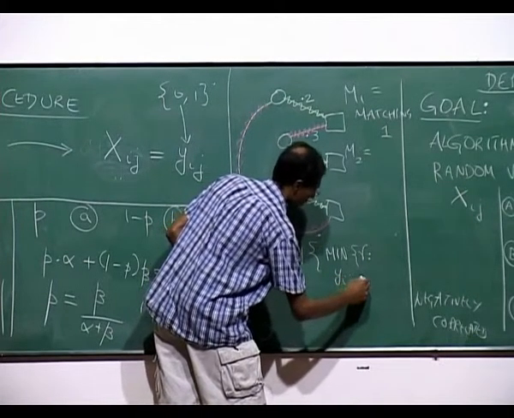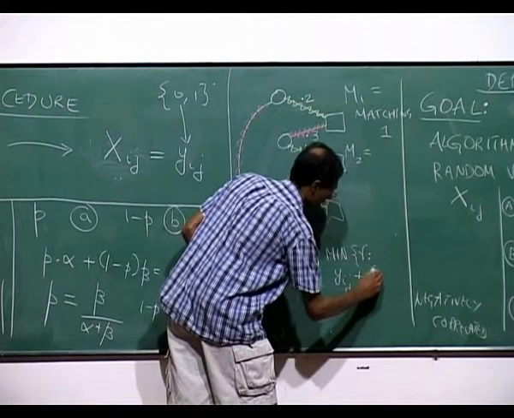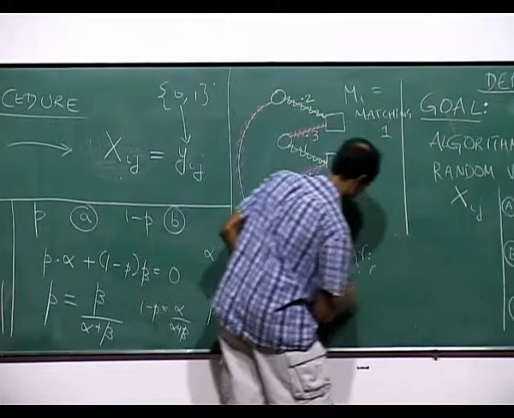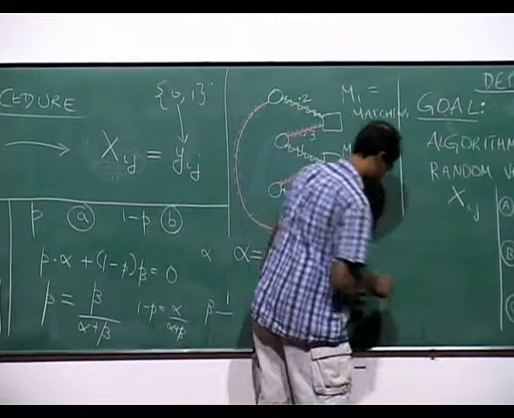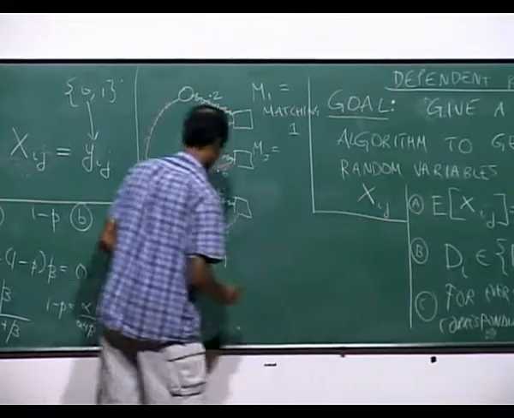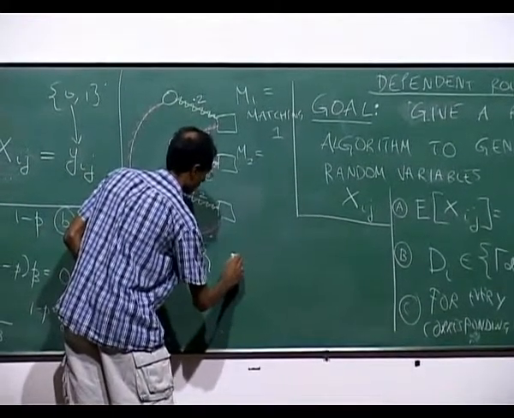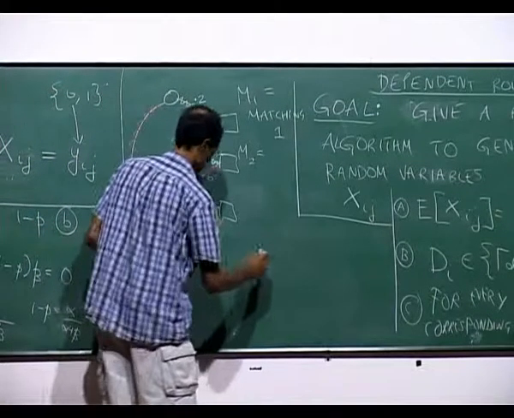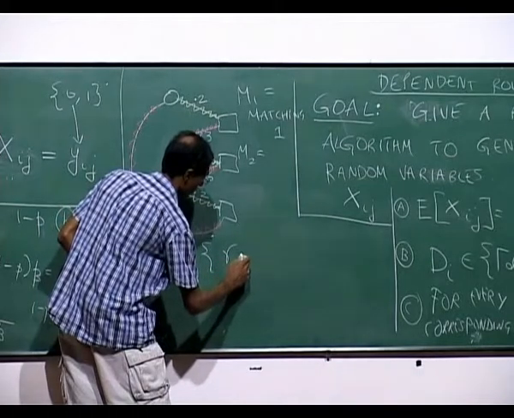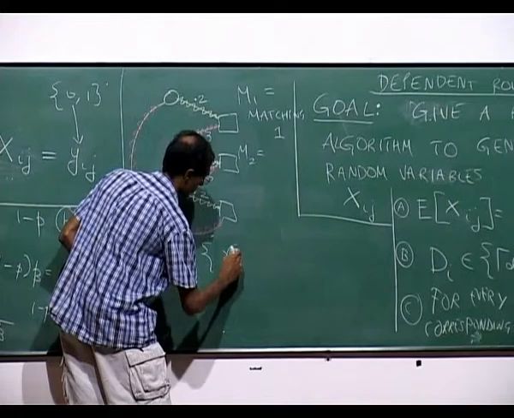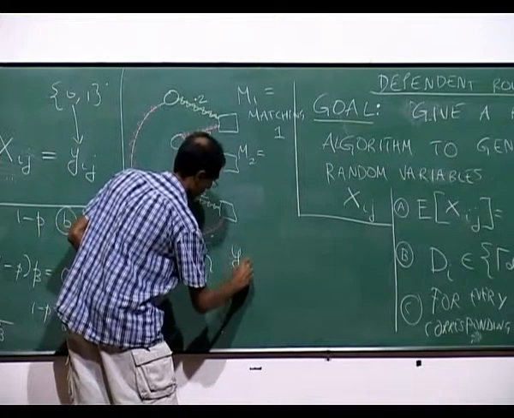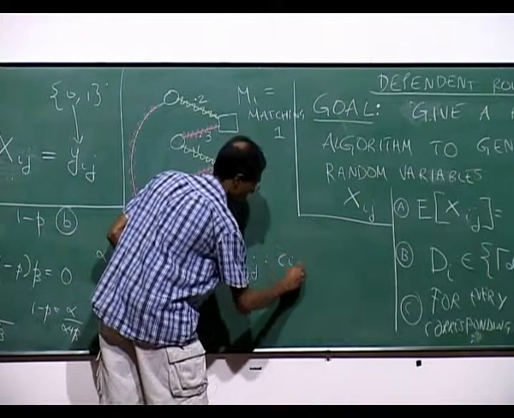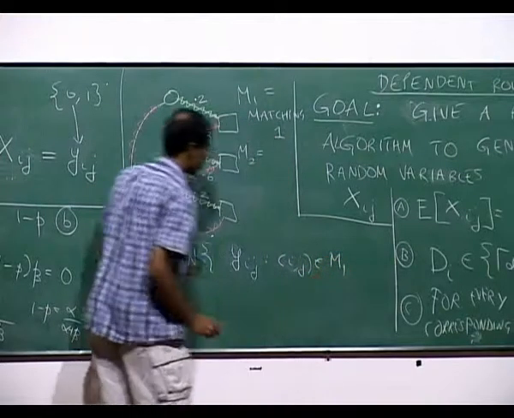Yij plus gamma. Let me make more space here. Okay, minimum. So I'm looking at M1.